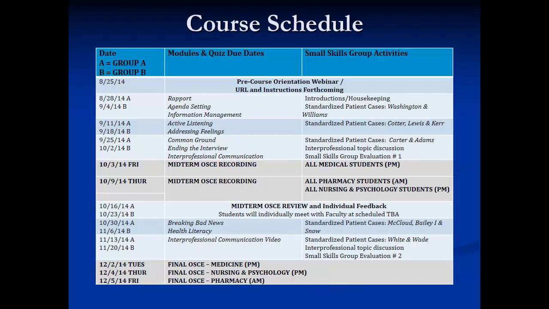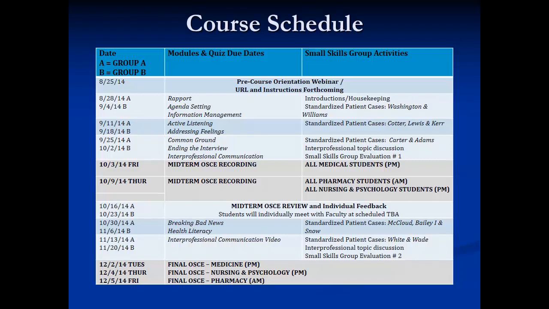And to find the answer to that, if it's not posted already on the D2L, it will be posted very, very shortly. So when you look at the far left column and you see dates there, and you see either the letter A or the letter B listed to the right of it, that tells you, if you're in Group A, which day you're meeting in your small group, or if you're in Group B, which date you're meeting in your small group.